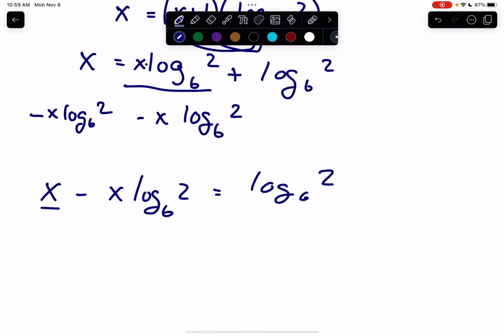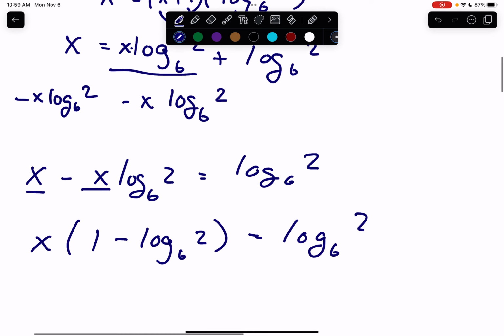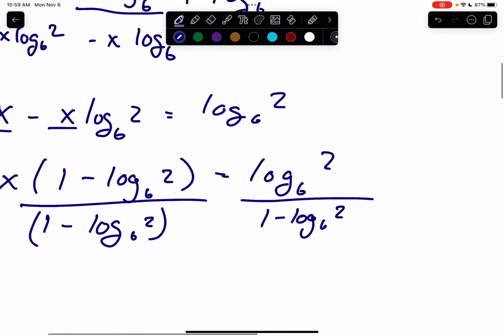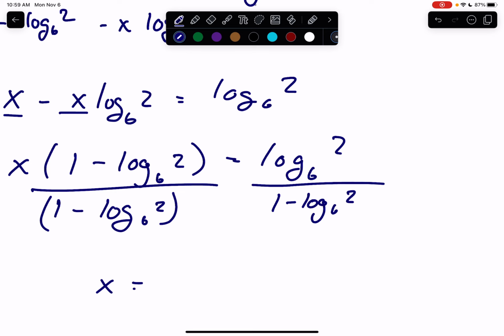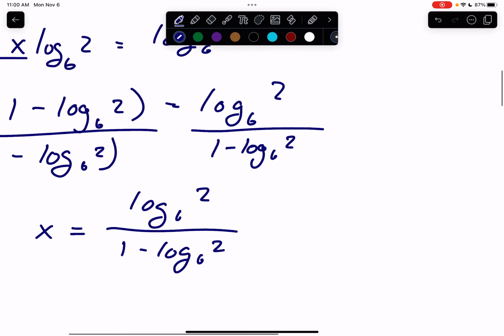Now we factor out the x, and now we divide both sides by that value. So what we wind up with is this really long thing to type into the calculator, and it would be really tough to do if you couldn't type this log base 6 in.